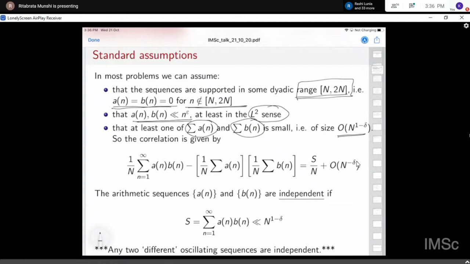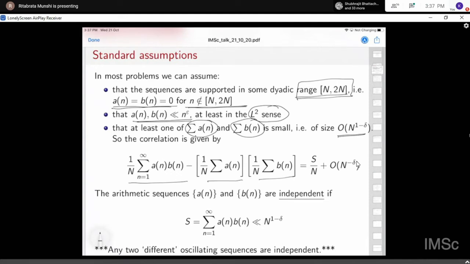And then the standard definition of correlation is the following. It's a formula for correlation. You take the inner product of these two vectors, take the average, and then subtract the mean.